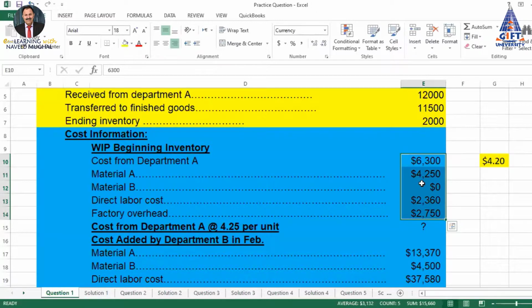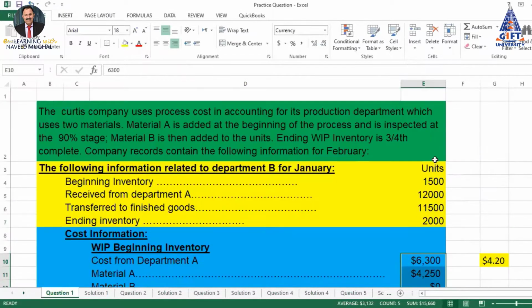Keep in mind, when you are applying the weighted average method of cost of production report, this information is necessary. If you don't have the breakup of these costs, you cannot apply the weighted average method. The weighted average method can only be applied if you have a breakup of the opening inventory cost.